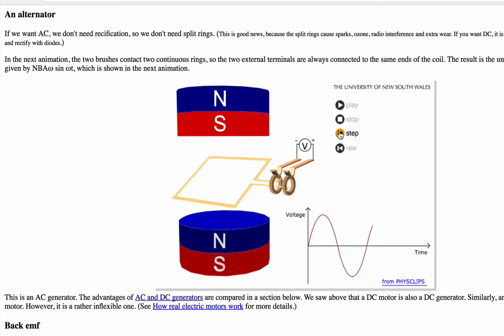And it is going positive and negative because from the loop's point of view, the magnetic flux is increasing and then decreasing through it from one side and then the other. So it makes the EMF positive at one end of the coil and then positive at the other end of the coil. So that is the AC voltage.